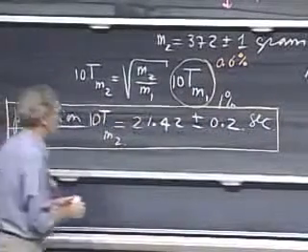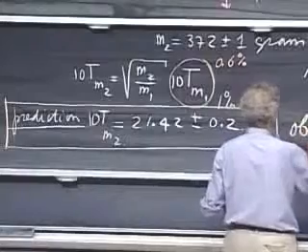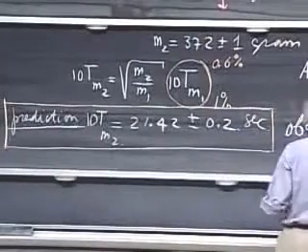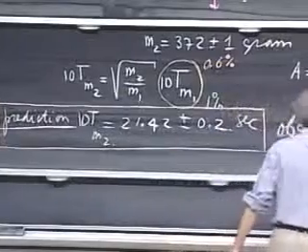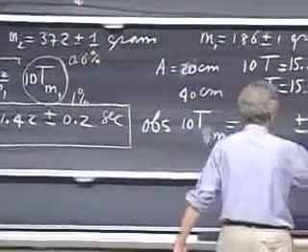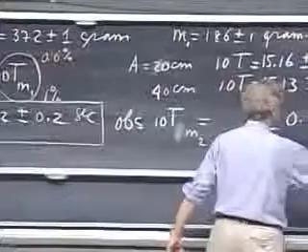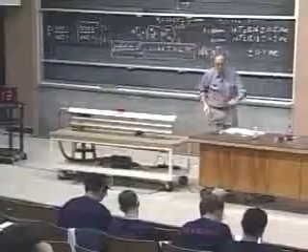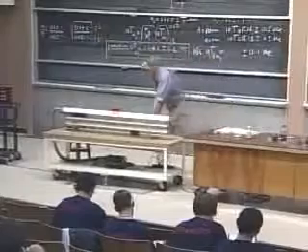And now we're going to get the observation. 10T times m2, which is double the mass. And that, of course, always has my uncertainty of my reaction time. There's nothing I can do about that. And we will compare these two numbers. So I will put the other mass on top of it.